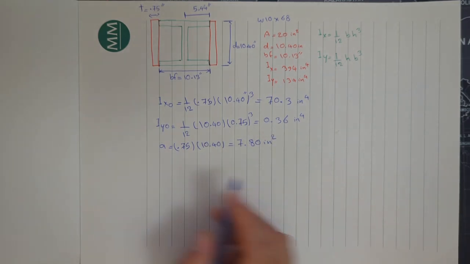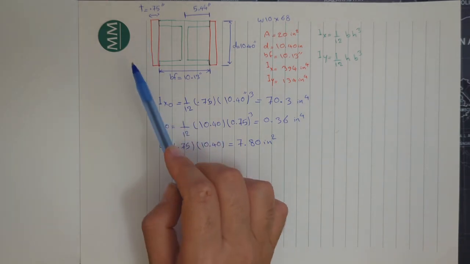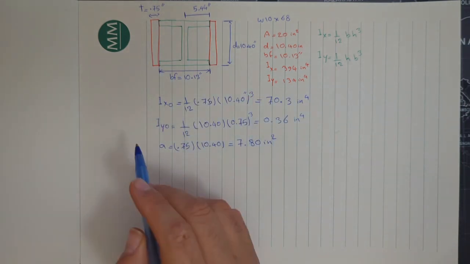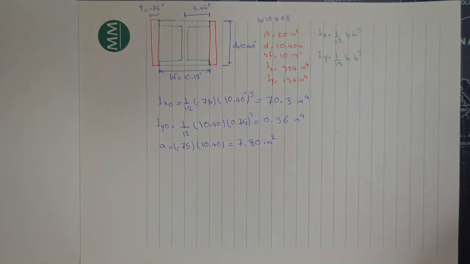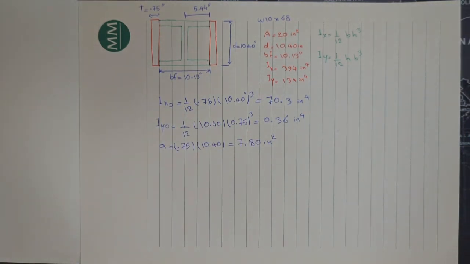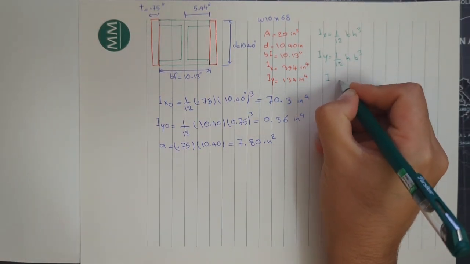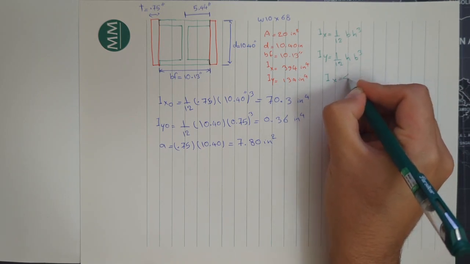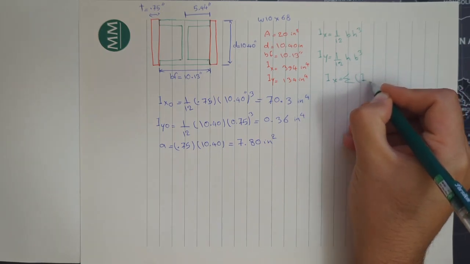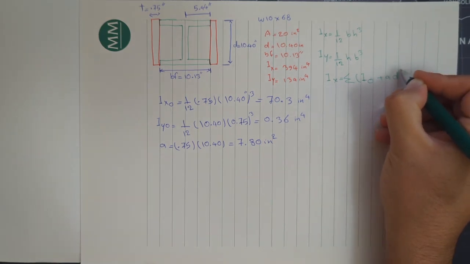So what do I need next? I need to know the moment of inertia of the whole thing. What was my formula for the moment of inertia of the whole thing? If I write down my formulas up here, Ix was the sum of the I's of all the objects plus Ad squared.